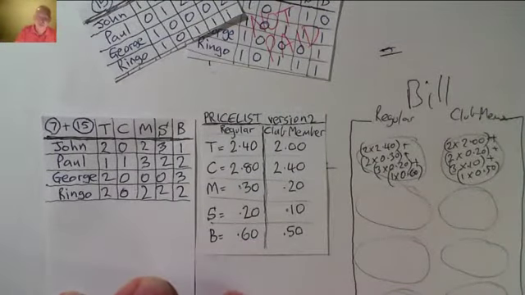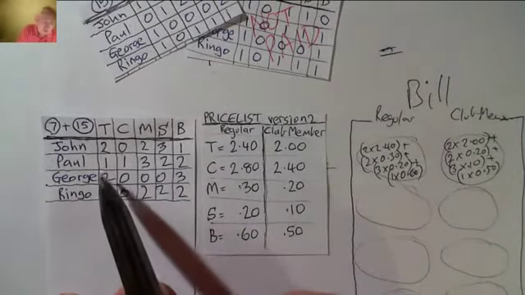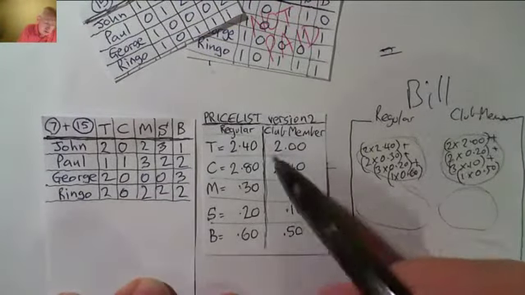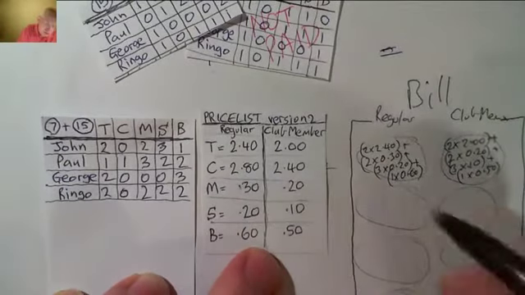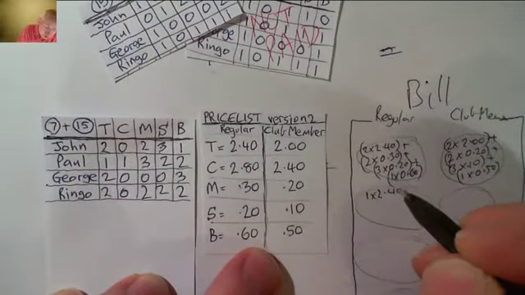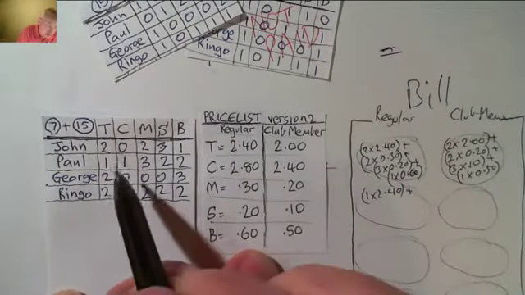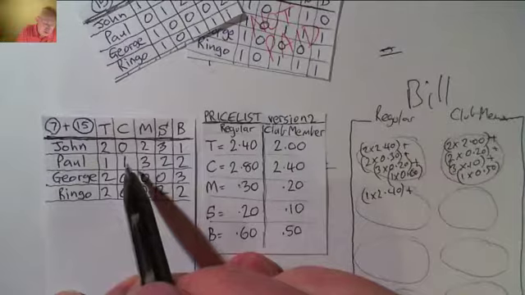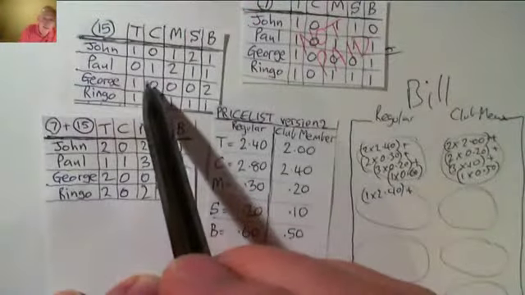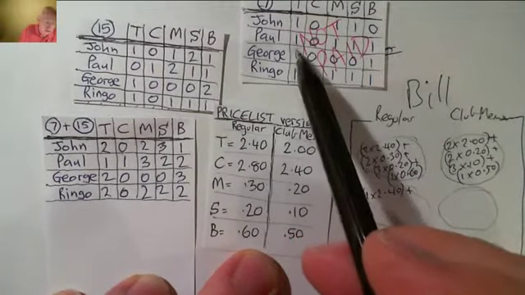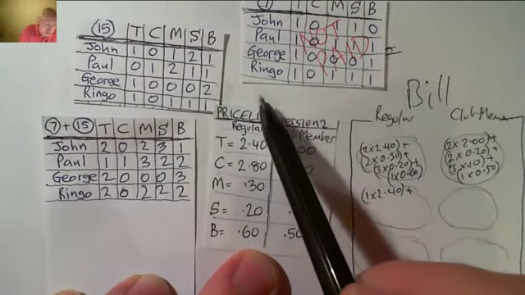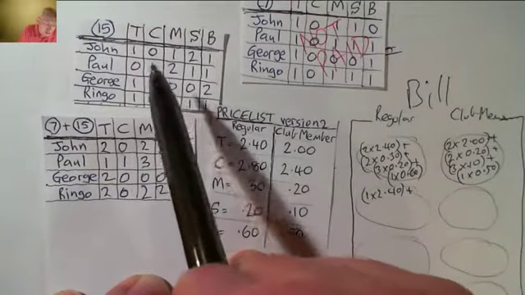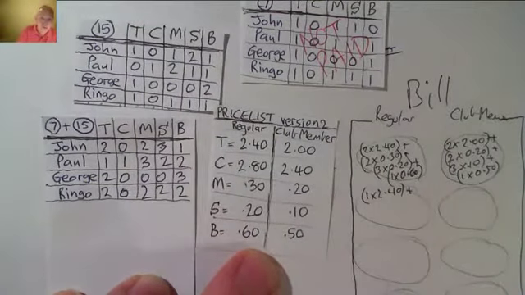Okay, so now moving down to Paul, we can see that he's got 1 tea to pay for at the regular price at $2.40, so it's 1 times $2.40, plus he's got a coffee as well, so he must have had, let's see, what did he have? Sorry, this week he had a coffee, last week he had a tea, so that's why it's 1 of each.